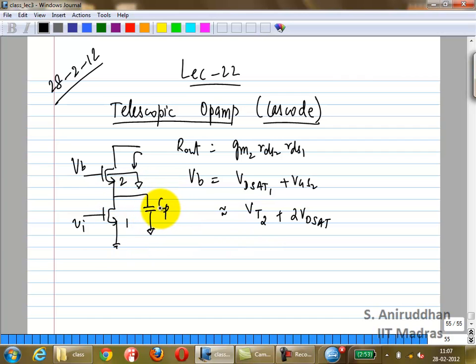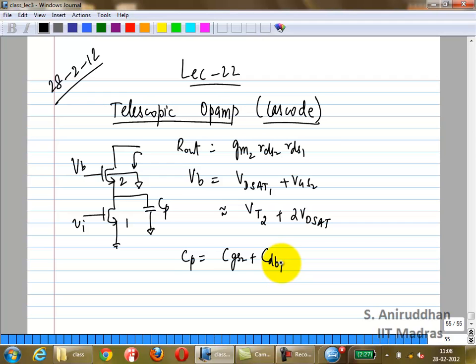Now the other thing we know very well, if you have a parasitic capacitance at this node, where can you get the parasitic capacitance from? CGS2 plus CDB1, right? Those are the largest sources of parasitic capacitance. So you have the gate source capacitance of 2 and the drain bulk capacitance of 1.